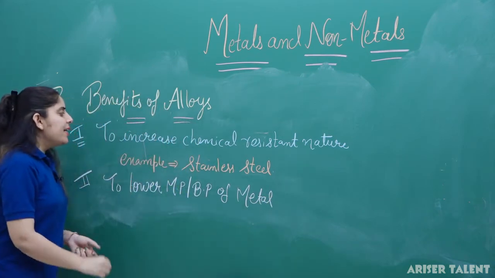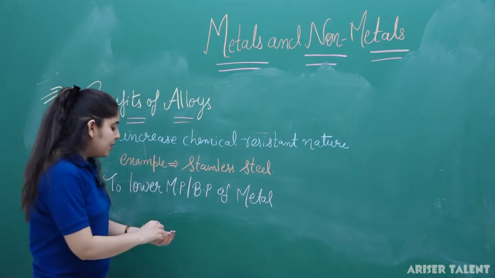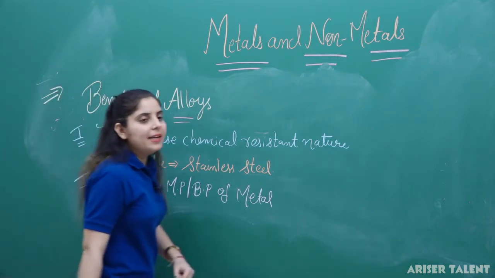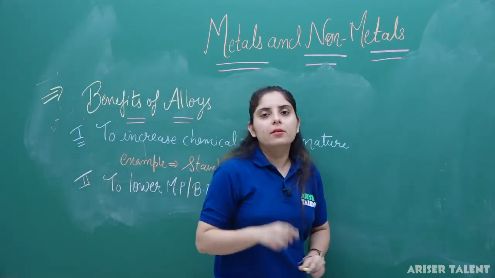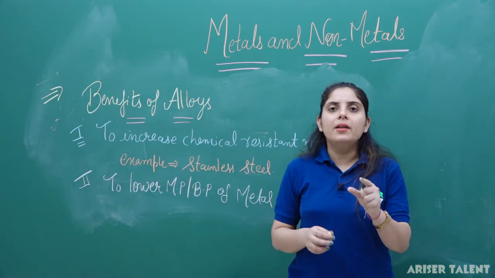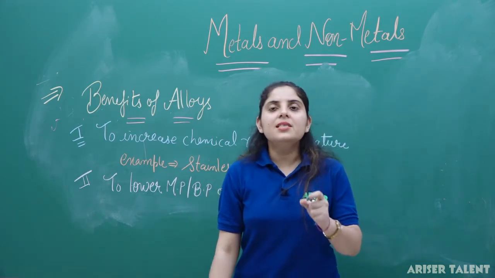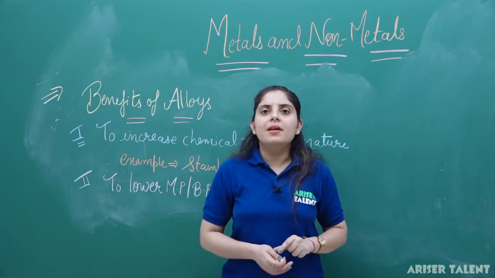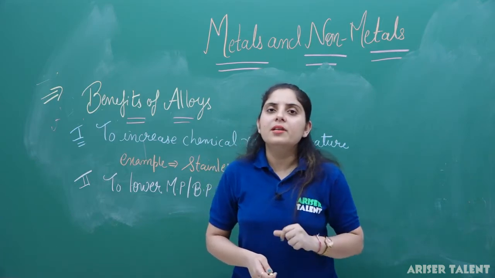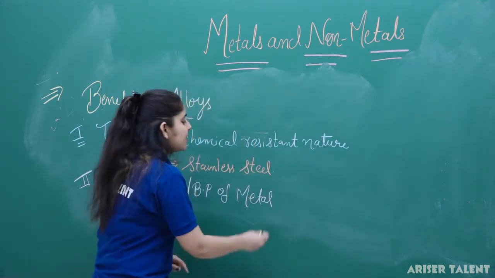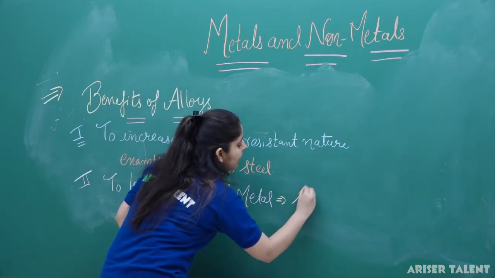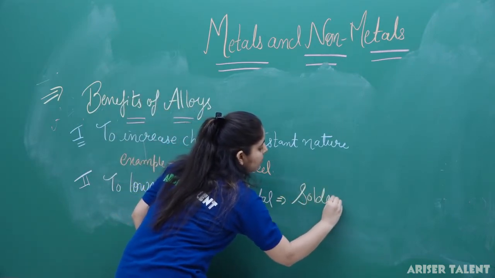An example in this category is solder. Solder is basically an alloy that contains 50% lead and 50% tin. This is used for making electrical wires where a lower melting point is required.